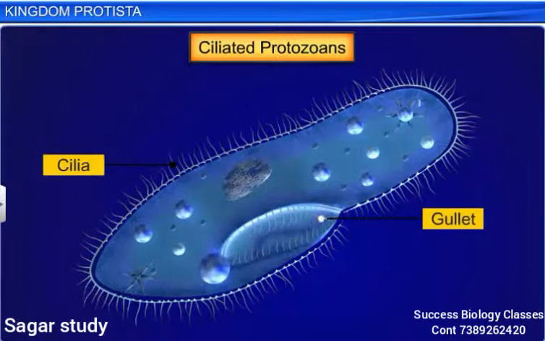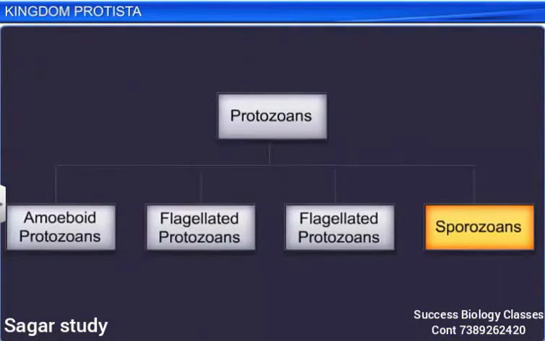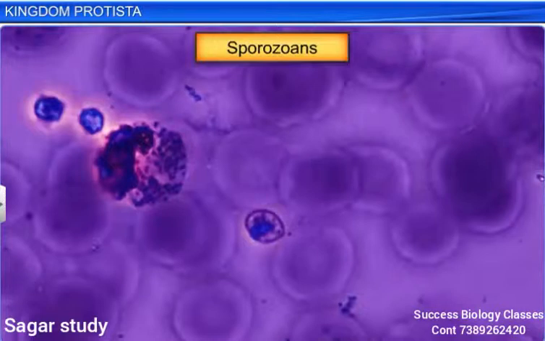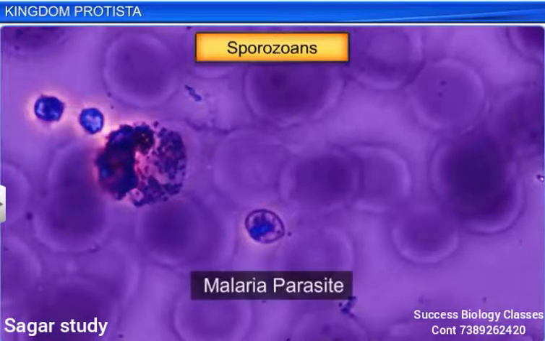The gullet is a cavity that opens to the outside of the cell surface. Lastly, sporozoans are organisms that have an infectious spore-like stage in their life cycle. Plasmodium is the most famous sporozoan. It causes malaria in humans and is also known as the malaria parasite.